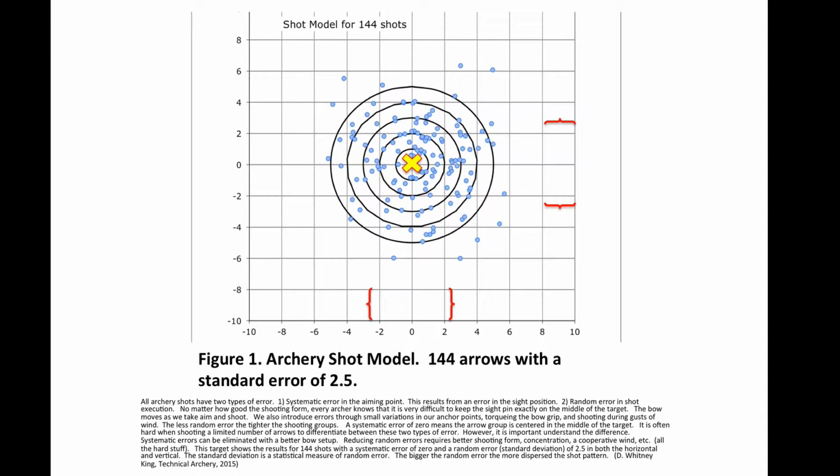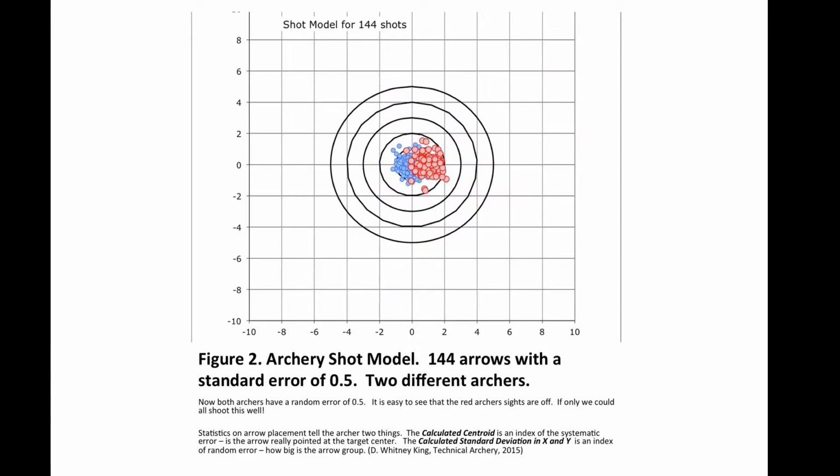This random error is plus or minus 2.5. The result is that 66% of the arrows fall within this band. In the X, you'd expect, again, 66% to fall within this band of the Y. But the net result is that we end up with this distribution of shots.